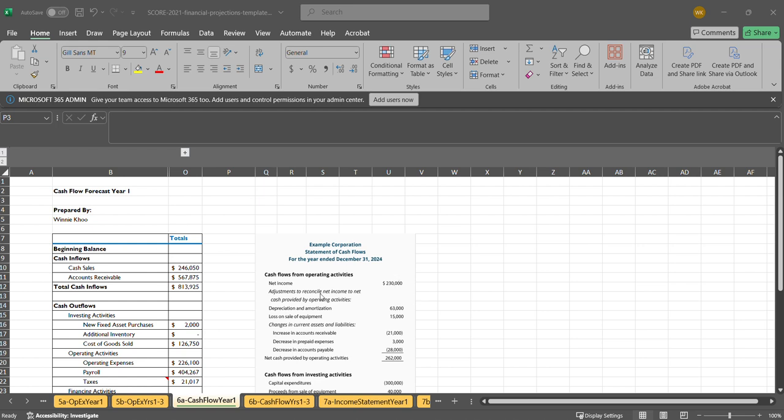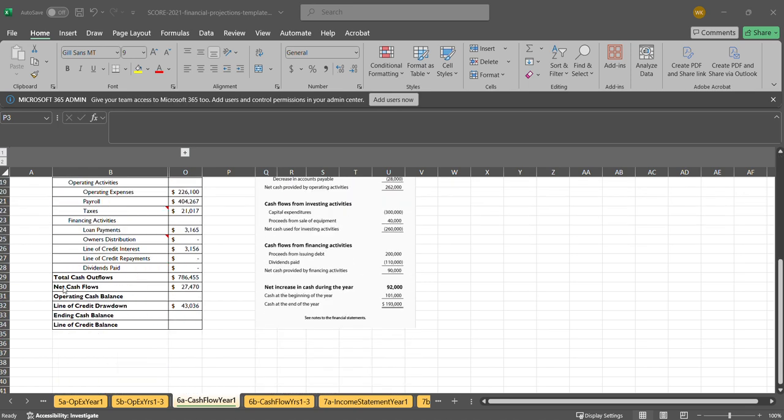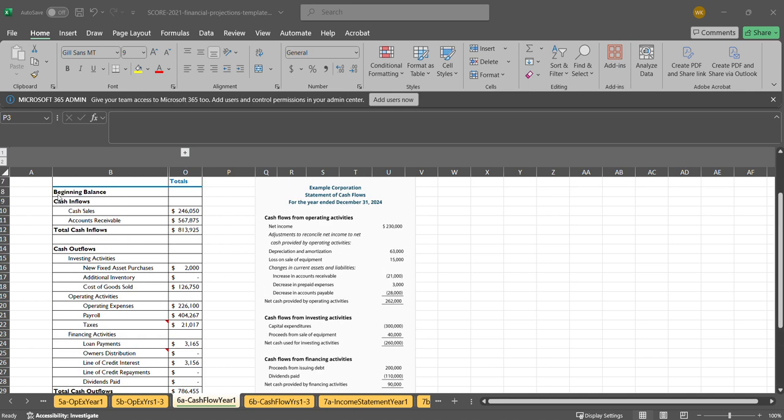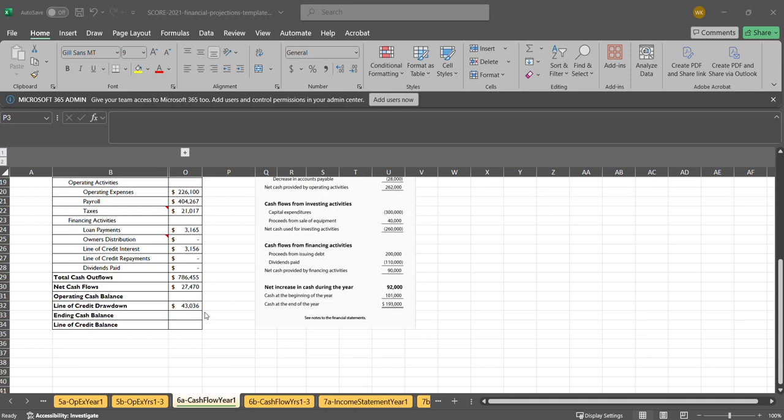Both methods should come to the same result: the same net cash flow, the net cash difference, and then, of course, the beginning balance and the ending balance. So both should come to the same ending cash balance.